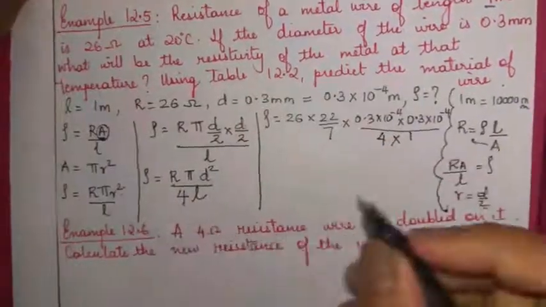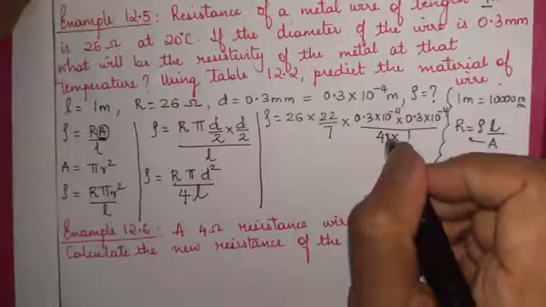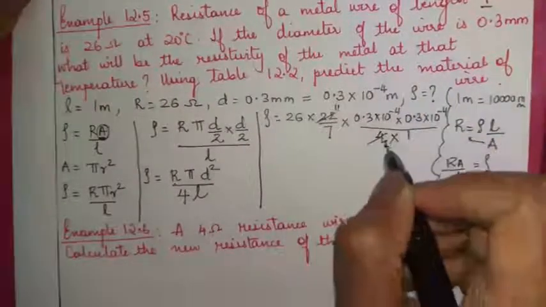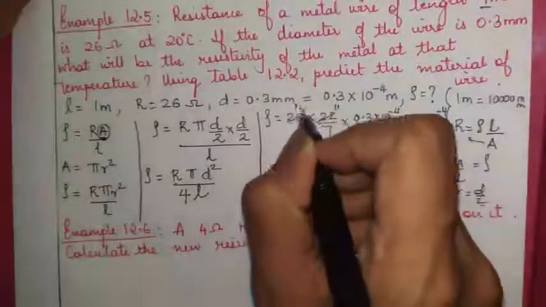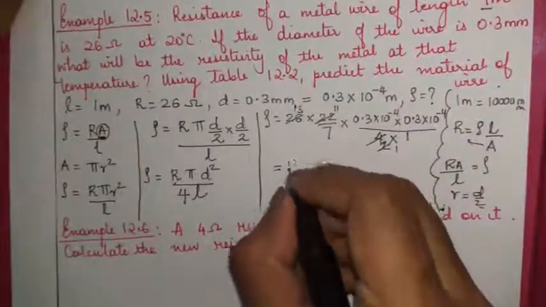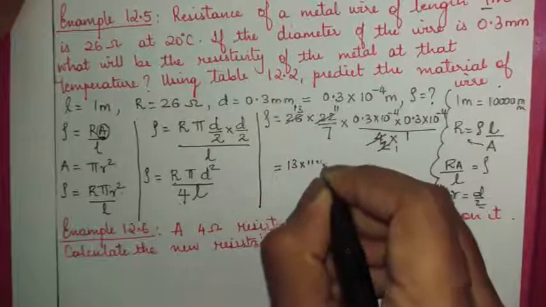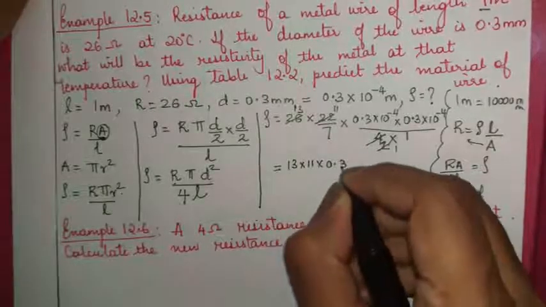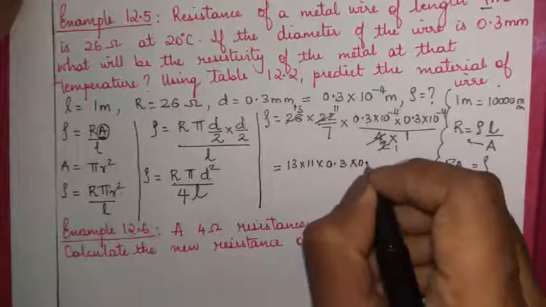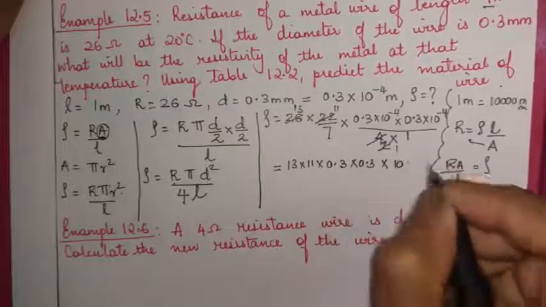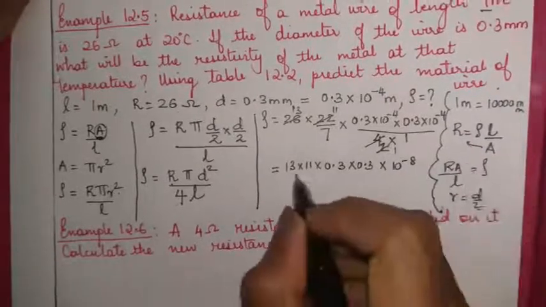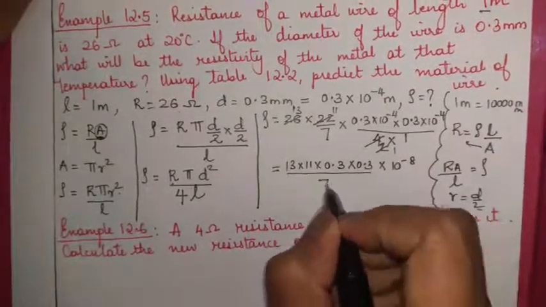Now you cancel. 2 2s are 4, 2 11s are 22, 2 13s are 26. When you multiply and solve, you will get 13 multiplied by 11 multiplied by 0.3 multiplied by 0.3 again, multiplied by 10 raised to minus 8 upon 7.